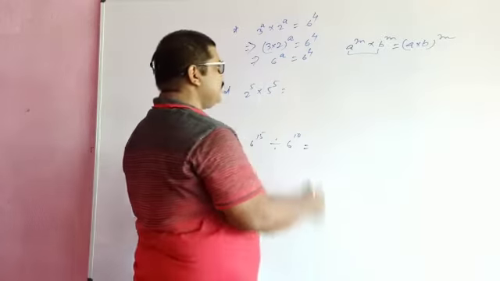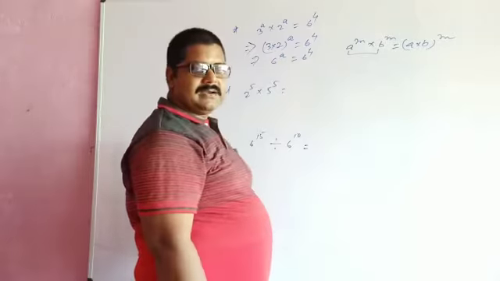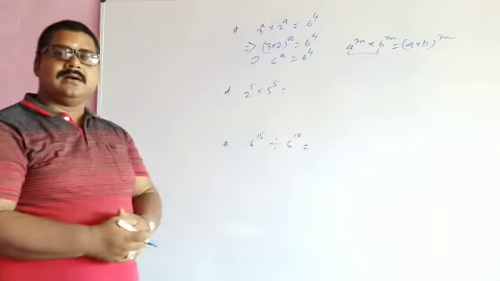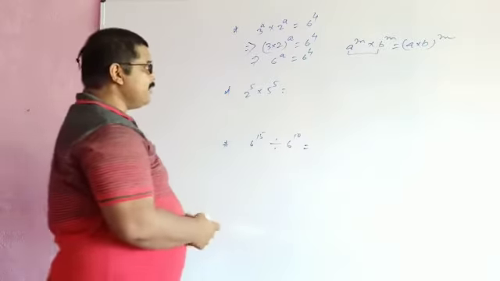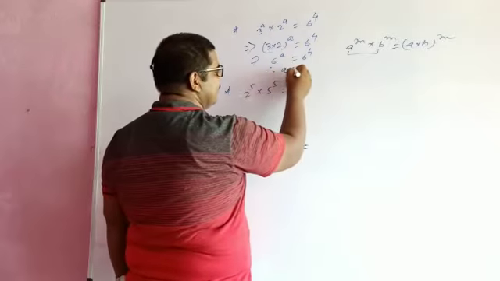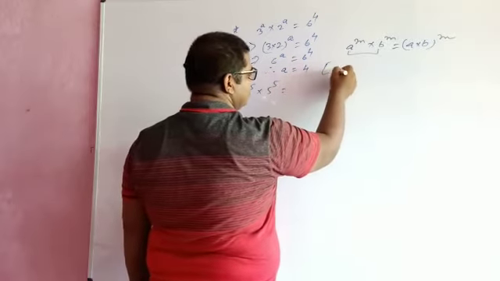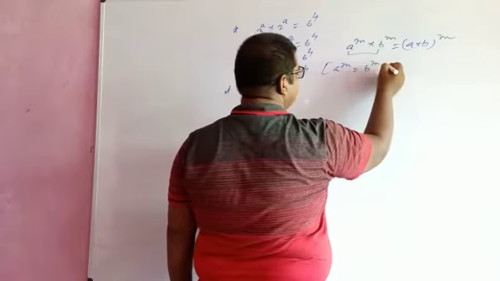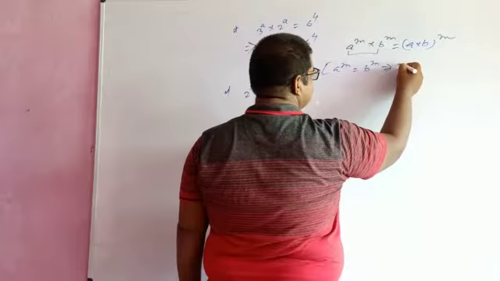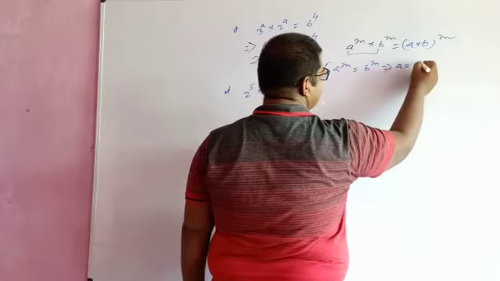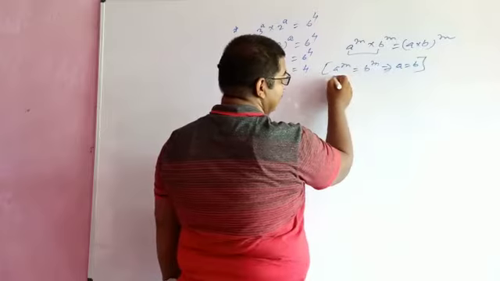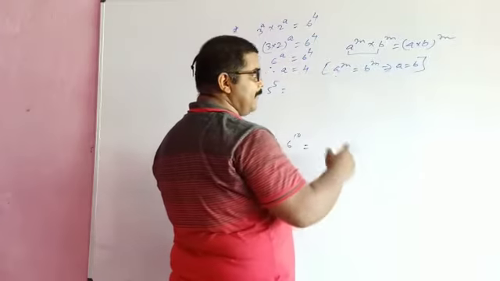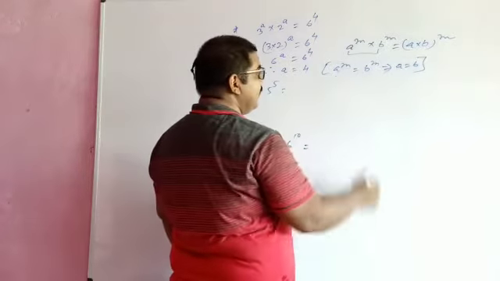And you know that when bases are same and powers are different and there is an equal sign, then you apply the formula of equality, and on the basis of it you can write that a is equal to 4, because you know very well that a to the power m is equal to a to the power n means m is equal to n.